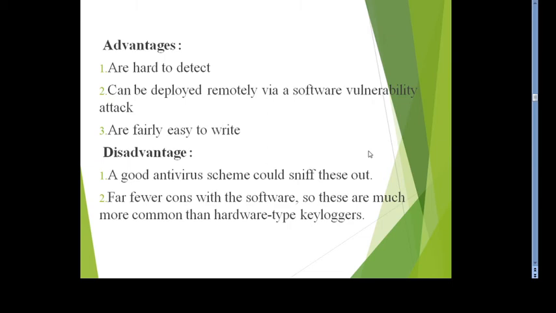The advantages of software keyloggers are that they are hard to detect, can be deployed remotely via software vulnerability attacks, and are fairly easy to write. Disadvantage: a good antivirus scheme could sniff this out. Far more keyloggers come as software, so these are much more common than the hardware type.